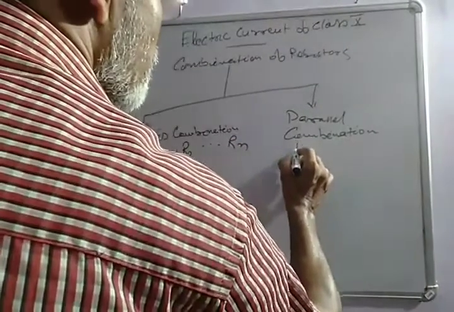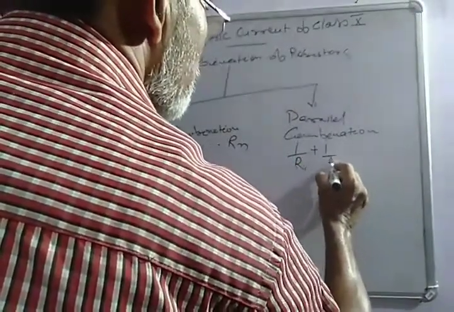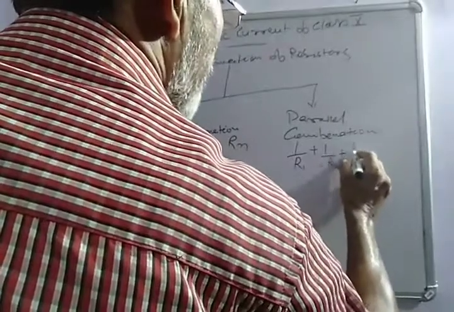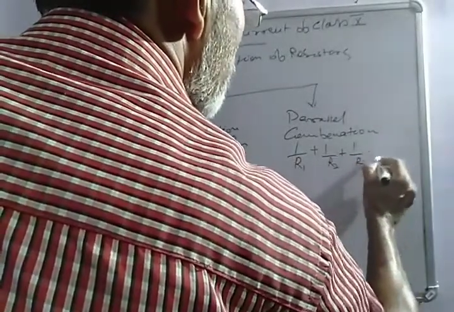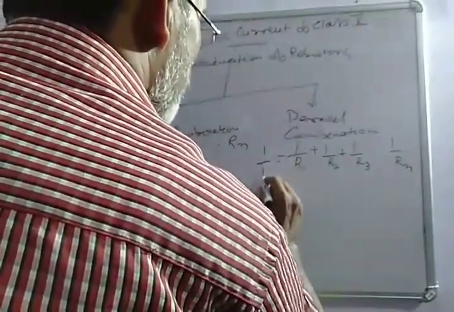But in parallel combination, the reciprocals of the resistances are added: 1 by R1 plus 1 by R2 and so on till 1 by Rn, which gives 1 by R'.